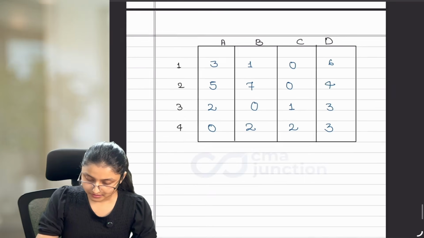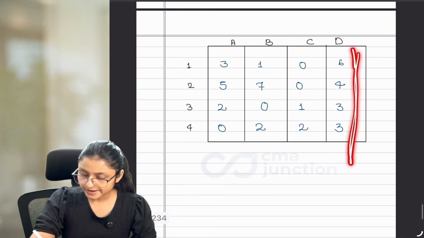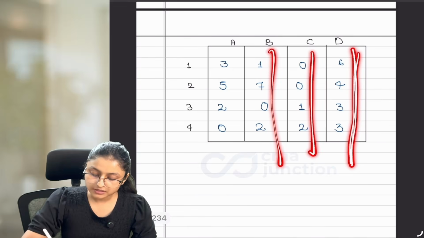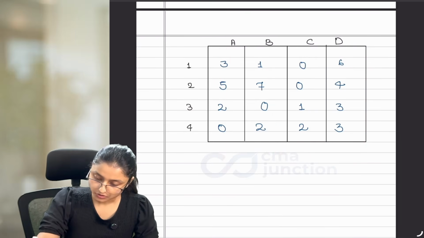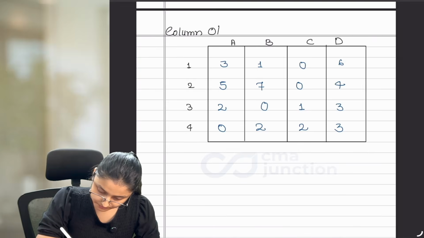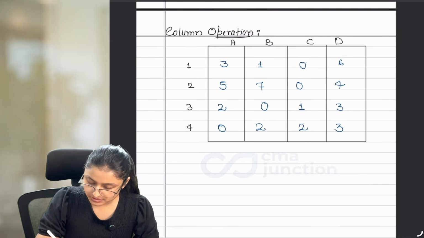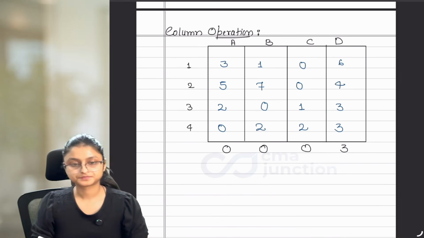Okay? Now in this, there is a requirement of column operation because here I don't have any 0. But other columns have 0. As here you don't have 0, you have to do column operation because the reduced matrix will be made after this. Column operation. Find out the lowest value from each column. 0, 0, 0 and 3.